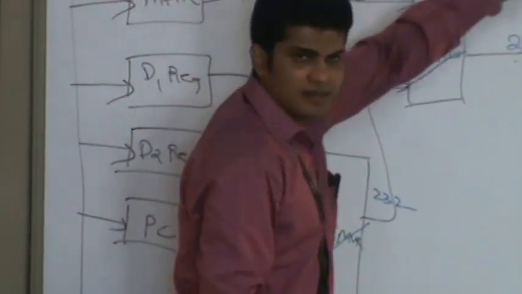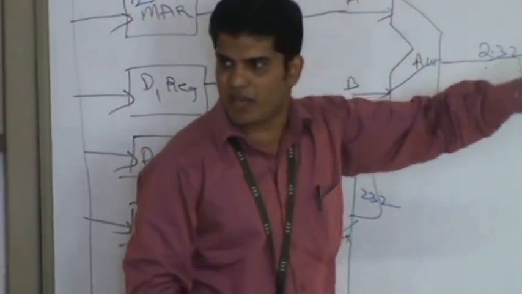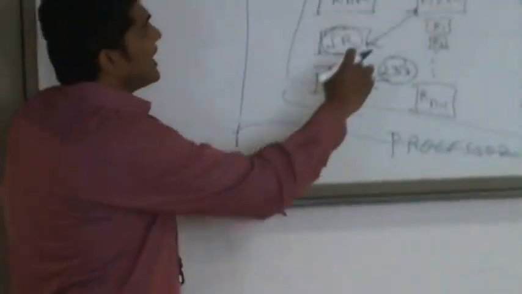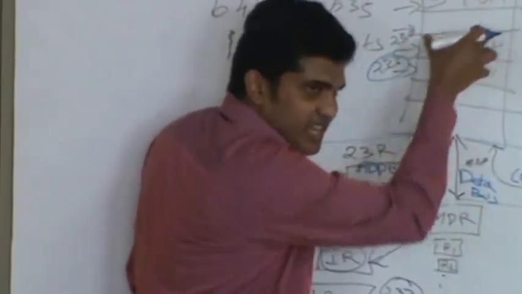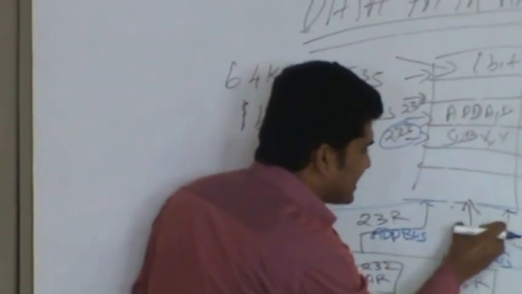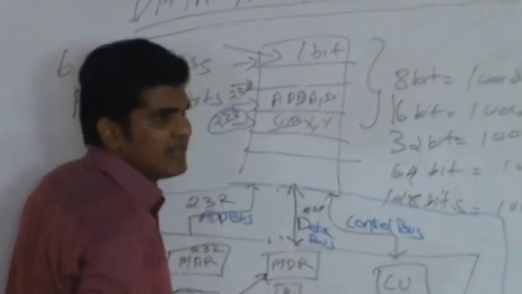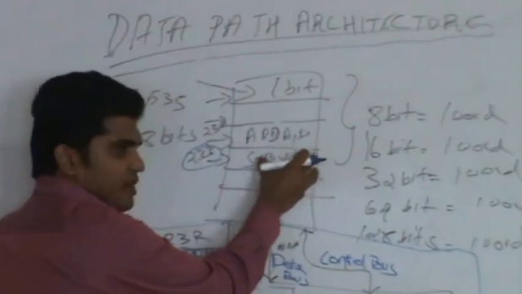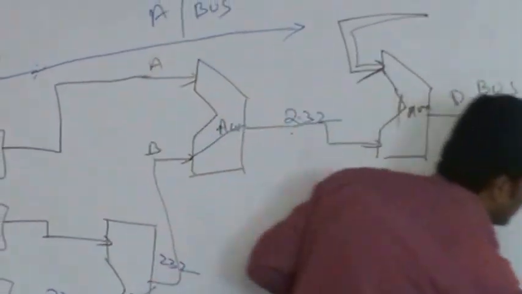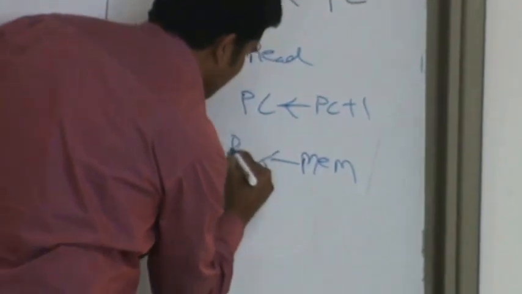The memory is responding and placing the data on the data bus. So at time T3, it is fetching the instruction, and the data is being placed on the data bus. That is, from memory to the bus, the operation is happening. At time T3, the memory is placing the data on the D bus.